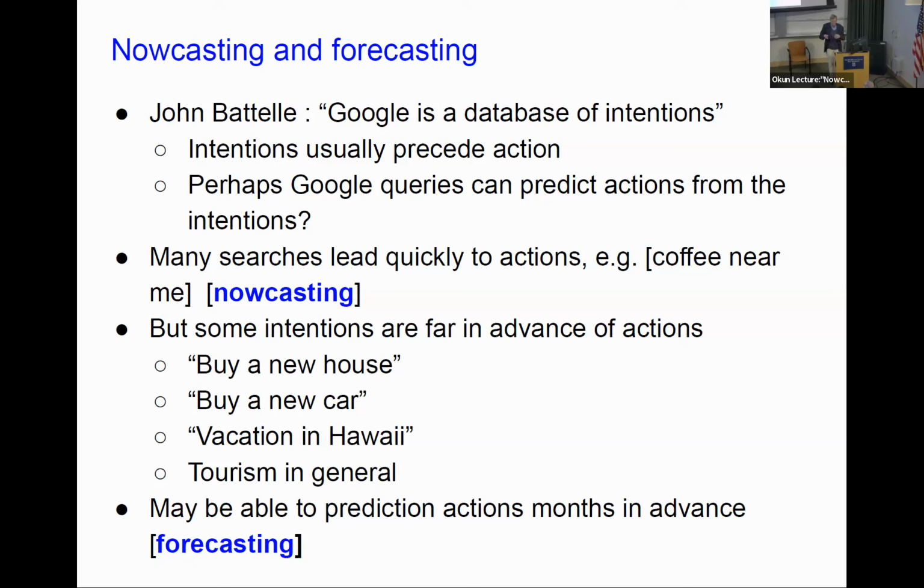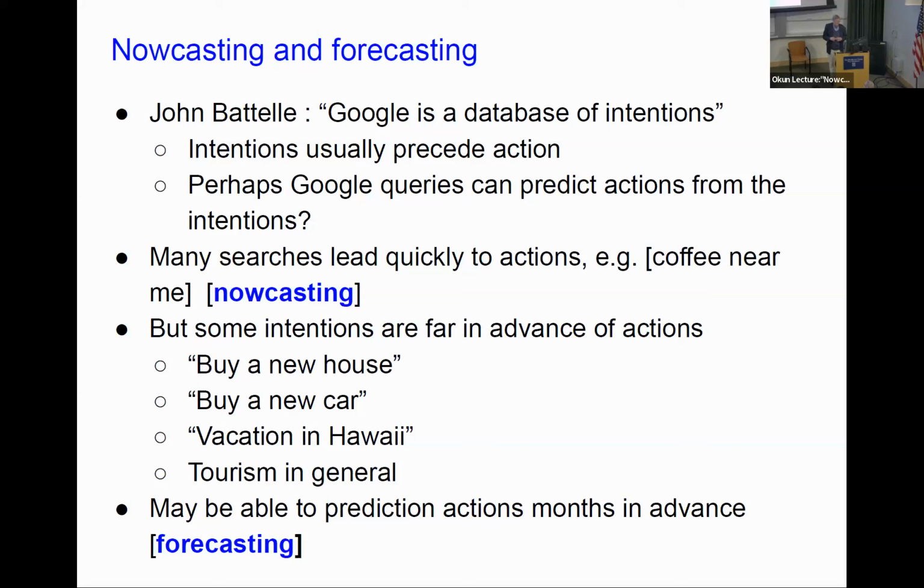They lead up to the actions. And that says it's pretty reasonable that Google queries might be a leading indicator. It might predict actions just from looking at the intention that's implicitly there in the Google query.